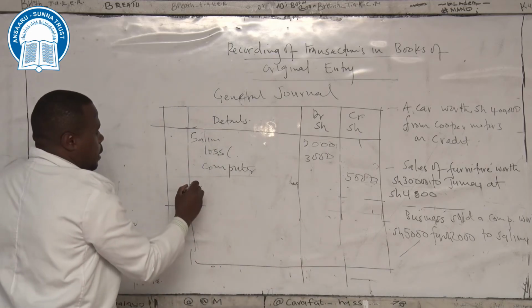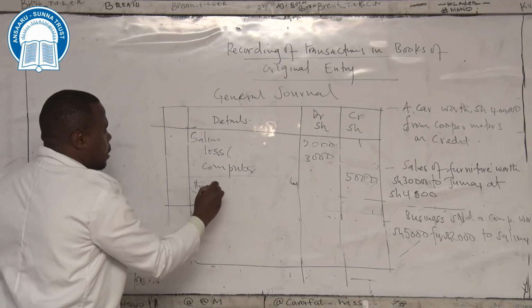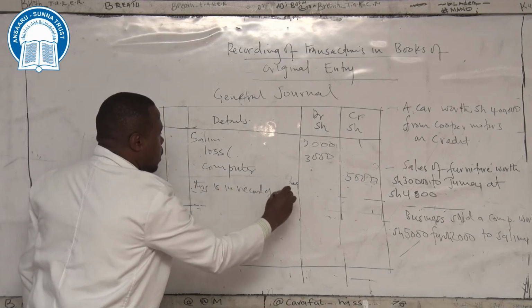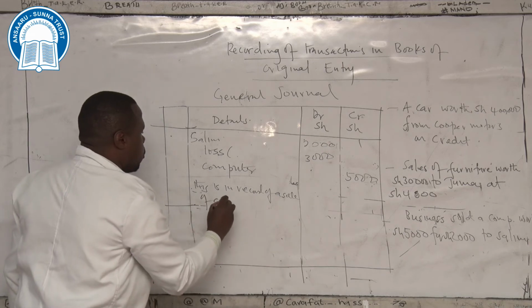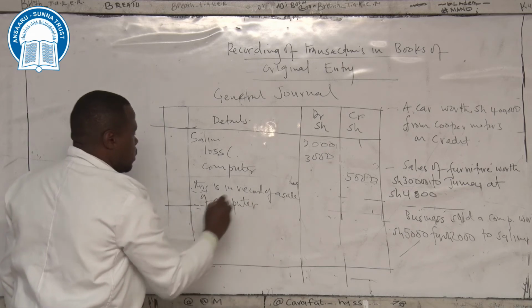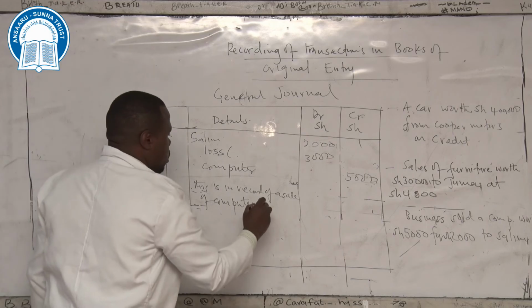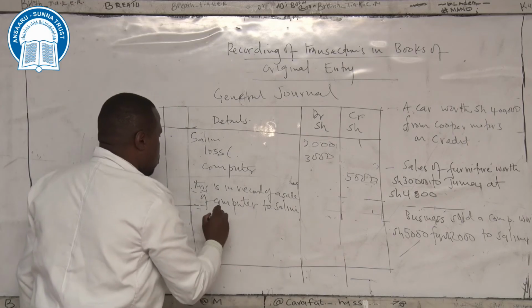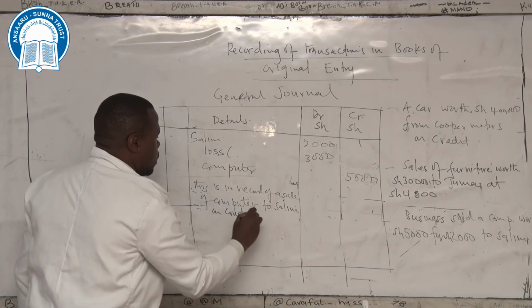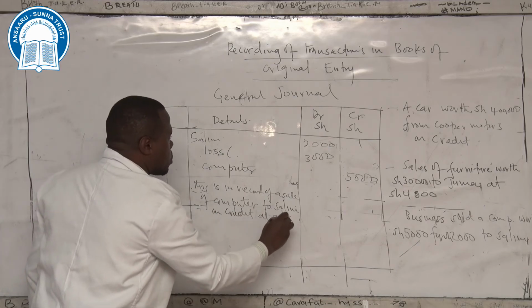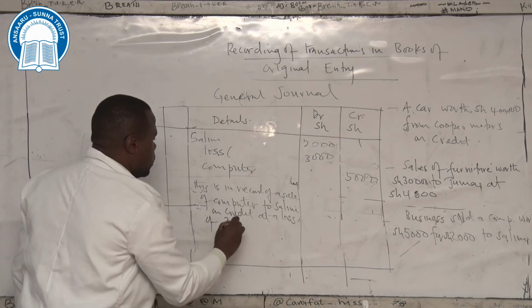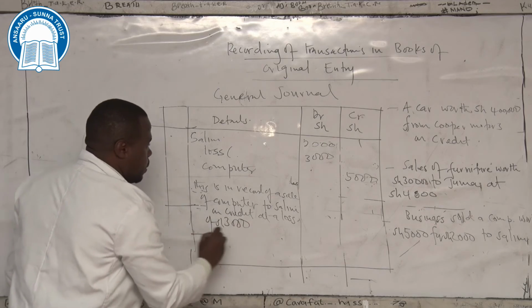So you can say, this is in record of a sale of a computer to Salim on credit at a loss of 3,000 shillings.